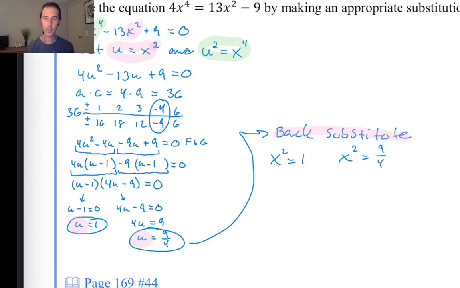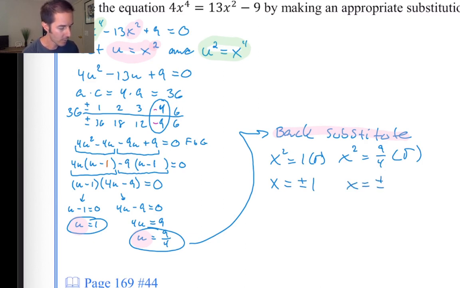And we're almost done. All we have to do is take the square root of these two equations, square rooting both sides, and we'll have final answers. You can put a little note that you're square rooting both sides. What is the square root of 1? Careful. It's not just 1, it's plus or minus 1. And the square root of 9/4?